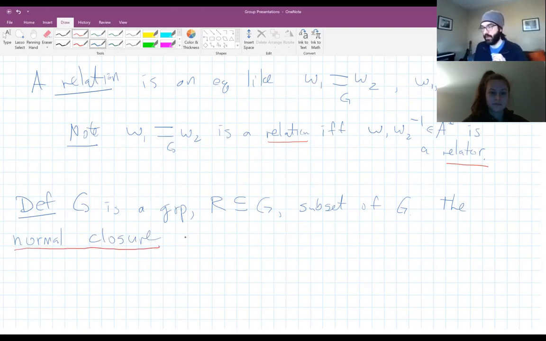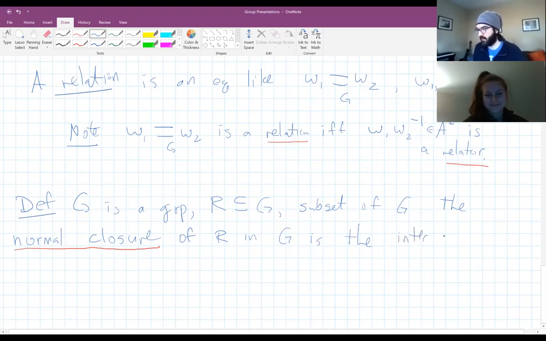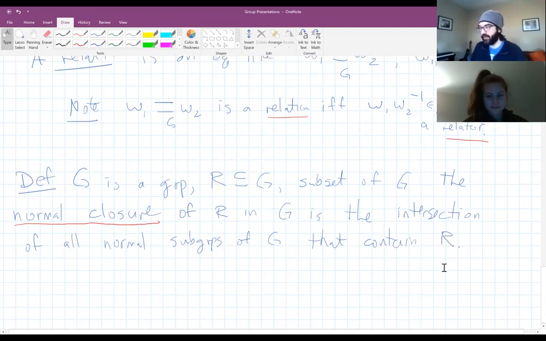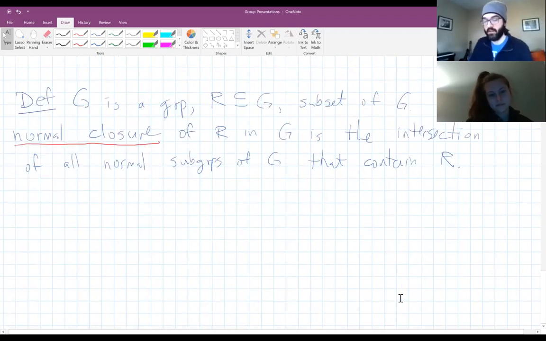The normal closure of R in G is, this is going to be a stupid definition, the kind that you hate, the intersection of all normal subgroups of G that contain R. So you take every single normal subgroup that G has, and then you grab onto the ones that contain R as a subset, and then you intersect all of them together.